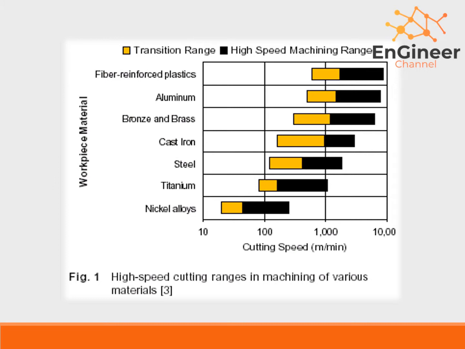Also, this picture shows the high-speed cutting ranges in machining of various materials, where the yellow color shows the transition range, and the black color shows the high-speed machining range.